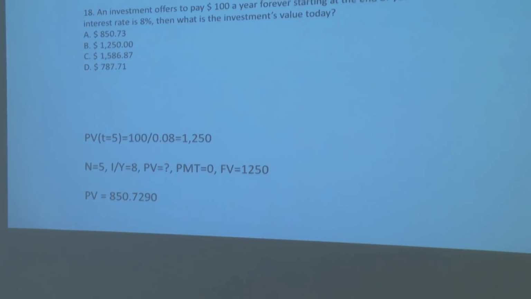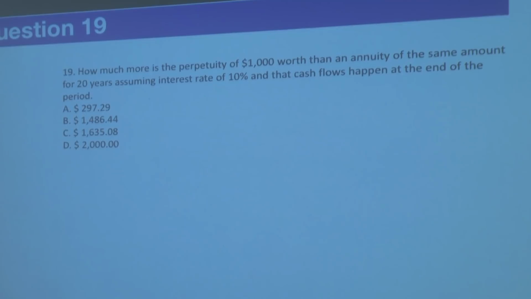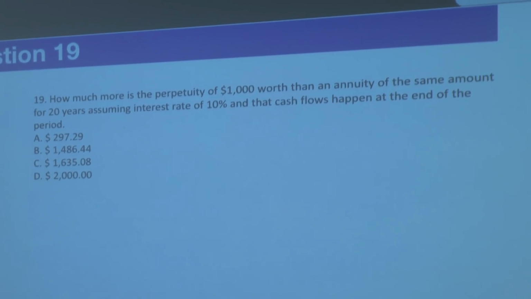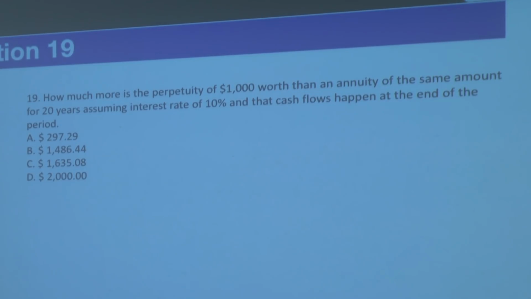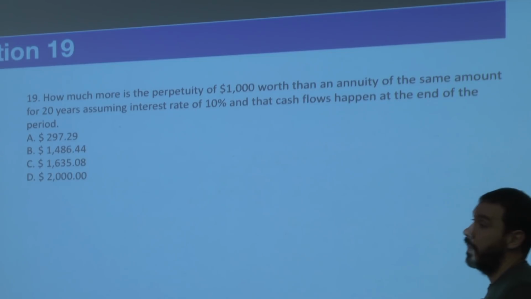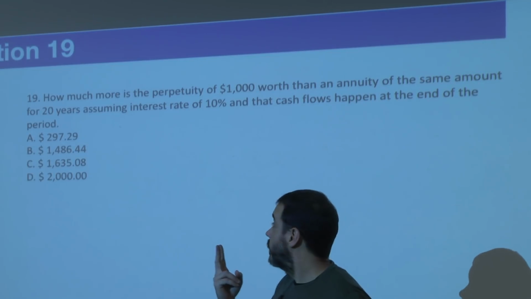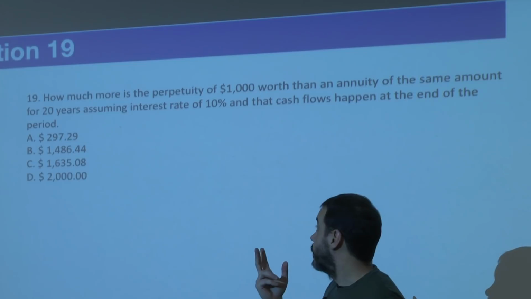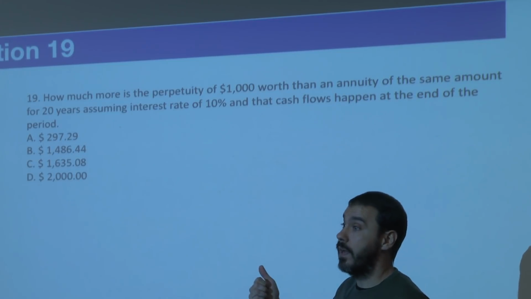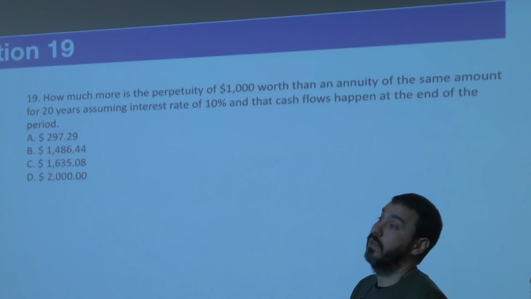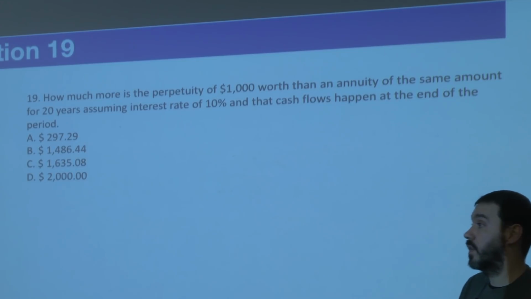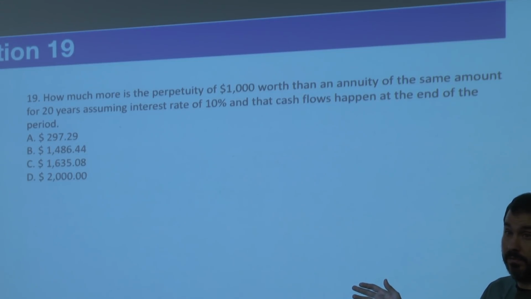So, how much more is the perpetuity of $1,000 worth than an annuity of the same amount for 20 years? So this is saying there are 2 securities in a sense. One is paying $1,000 forever. The other one is paying you $1,000 for 20 years.